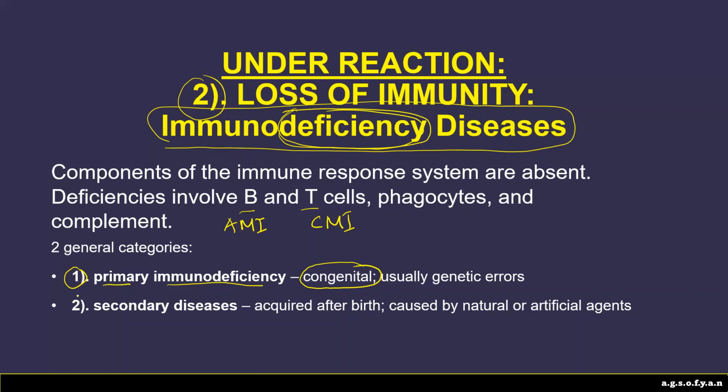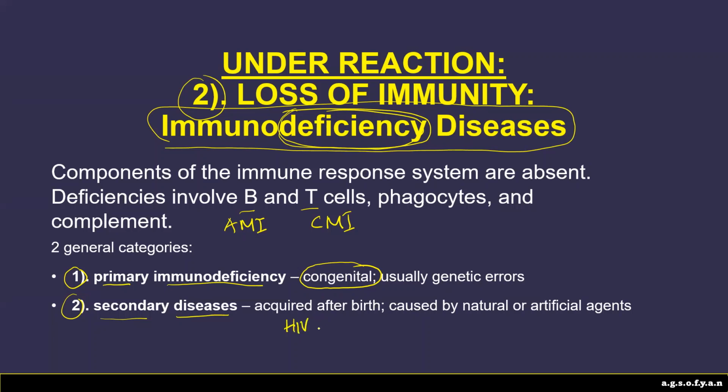The second one is called the secondary immunodeficiency disease. Usually this person was born normally, but during their life, they may be exposed to something that causes their immune system to be lost. The famous example is when that person has the HIV infection.